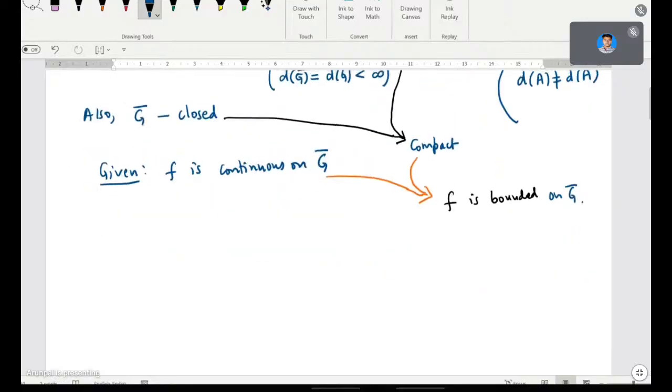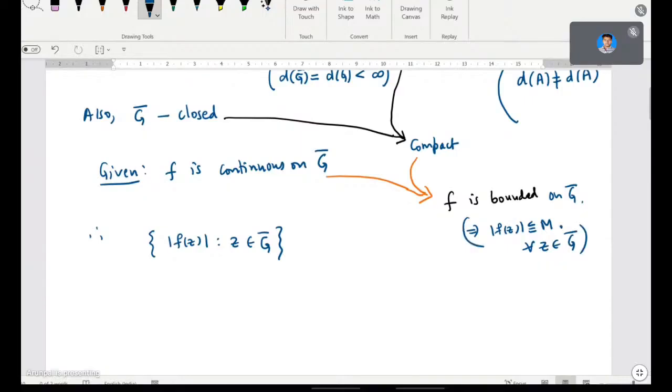So if F is bounded on G bar, this means what, class? Bounded means mod of F of z is less than or equal to some M for all z in G bar.